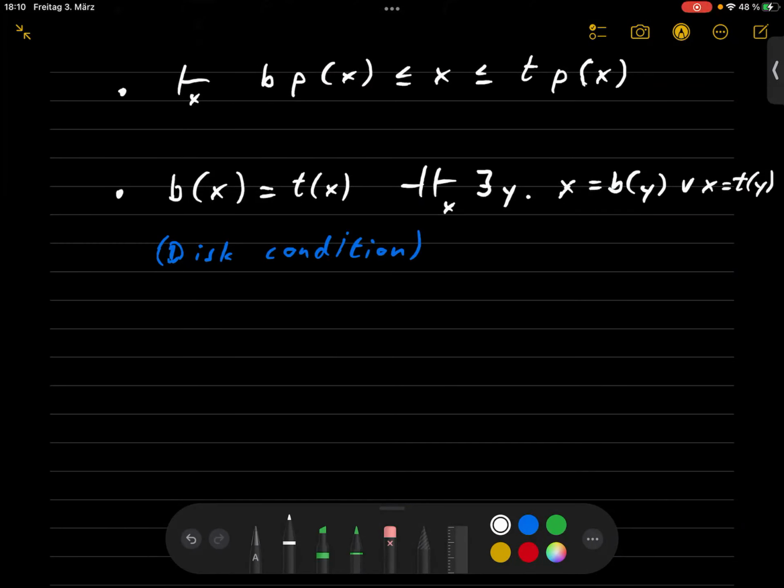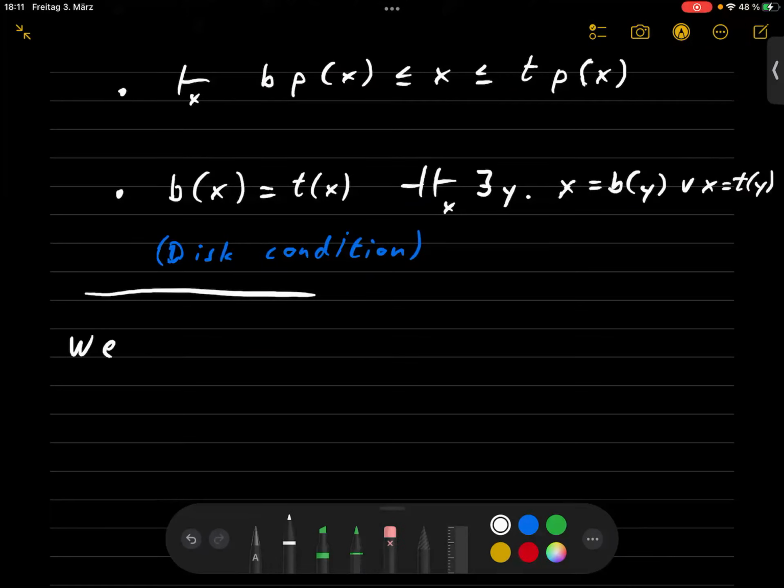Okay, and it turns out that morphisms of disks give a disk category.